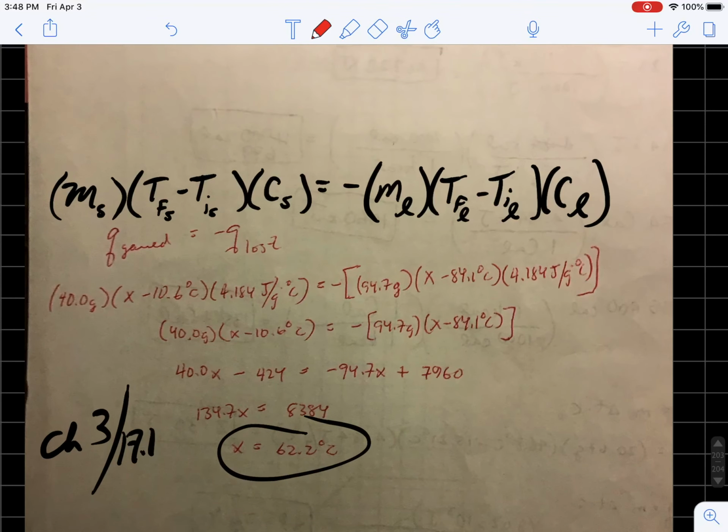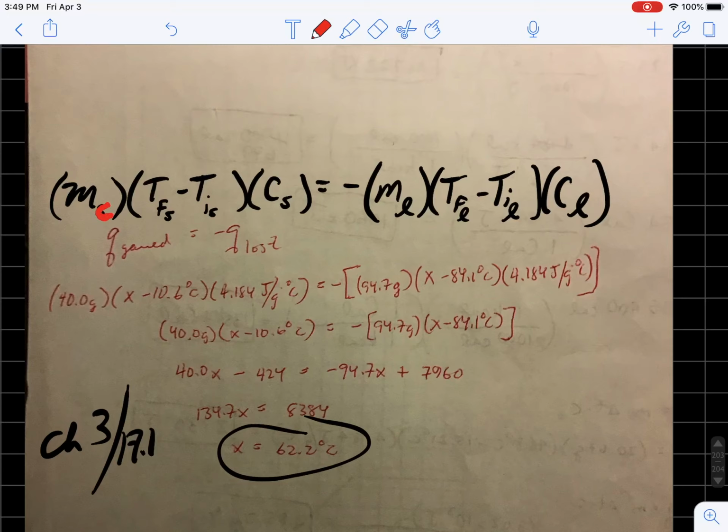So again, Q gained, the solid gained the temperature. So it was M delta T C, so M S means mass of the solid. T, that would be the final temperature of the solid, minus T I, which would be the initial temperature of the solid, times the specific heat of the solid. And then on the other side, we do, wow, I wrote solid, I'm sorry, cold liquid.